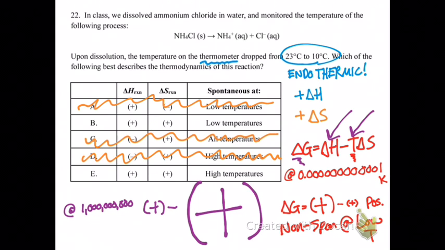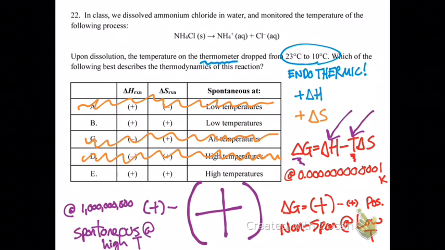So if we have a positive value for delta H, and we're subtracting a ridiculously large positive value for our T delta S, we're going to end up with a negative delta G, which means that at high temperatures, this would be spontaneous.